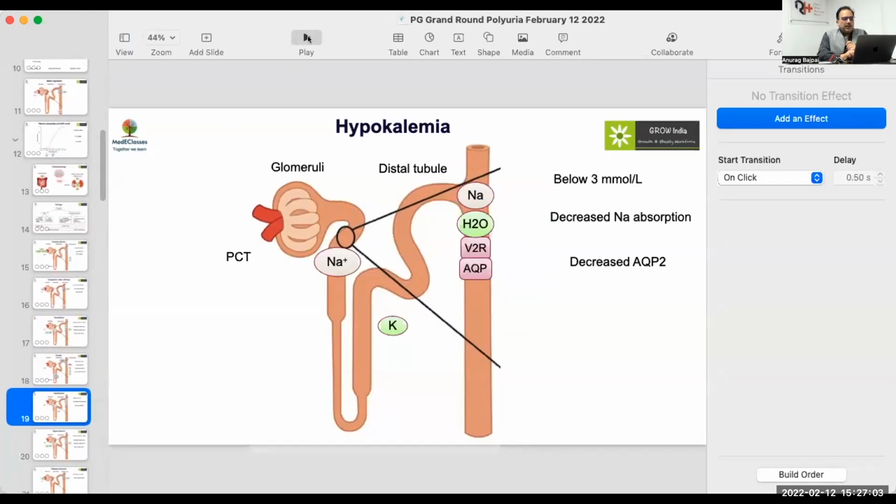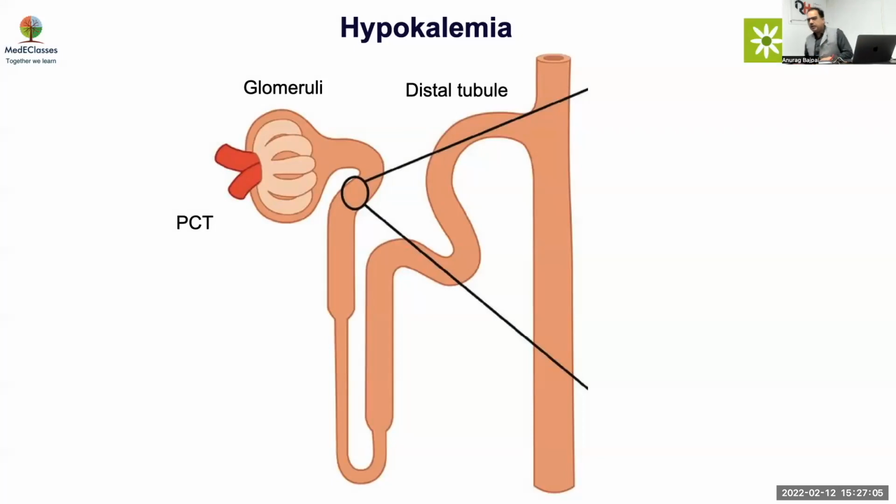Now, hypokalemia. How does hypokalemia, Dr. Pratik, cause polyuria? So it's like a nephrogenic DI. So hypokalemia, once the levels are below 3. So mild hypokalemia, 3 to 3.5, will have no effect.